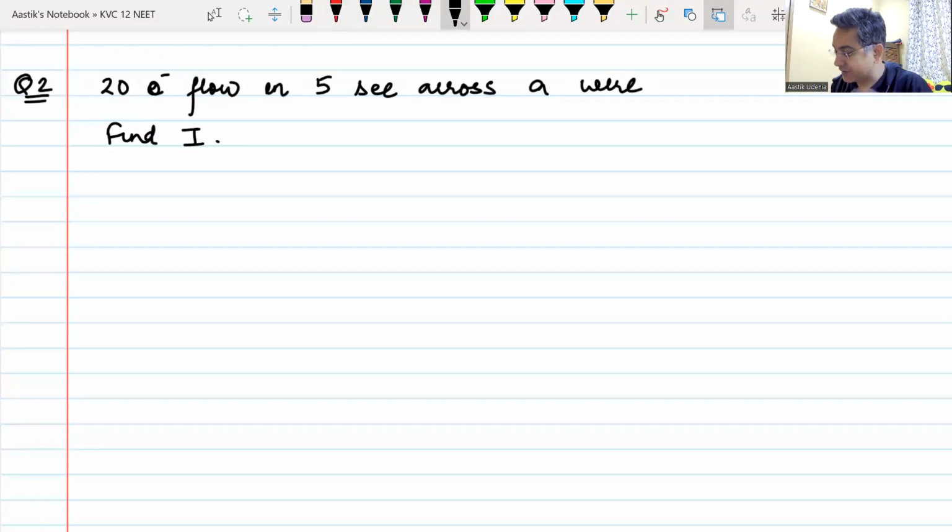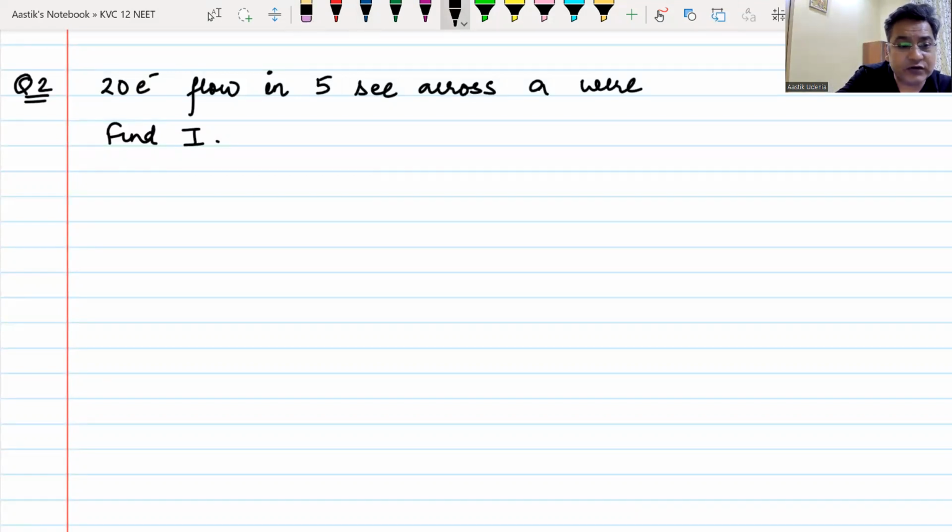Find the electric current I. 20 electrons have flown in 5 seconds across a wire. We have to find out the value of electric current that has flown in the wire. Can you tell me the answer? You must know the charge of an electron. I have not written it. I hope you know this.